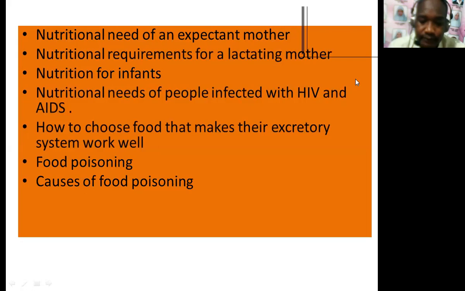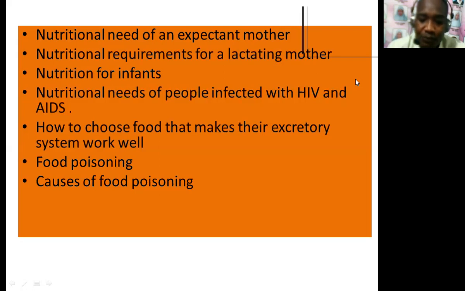Beans contain chemicals that may cause stomachache, bloating, that is much gas in the stomach, and vomiting. Beans should be soaked overnight and the water used for soaking boiled away before cooking.